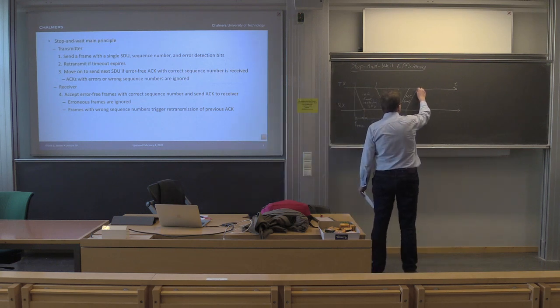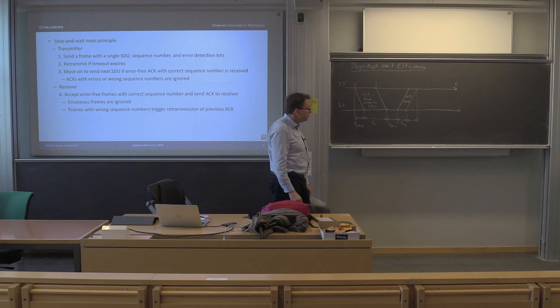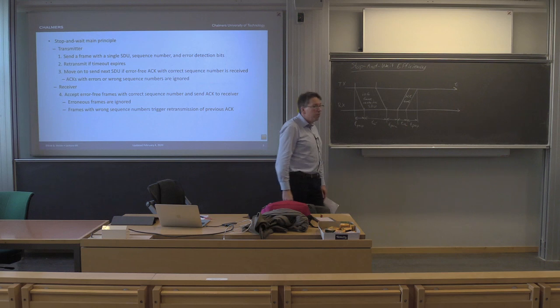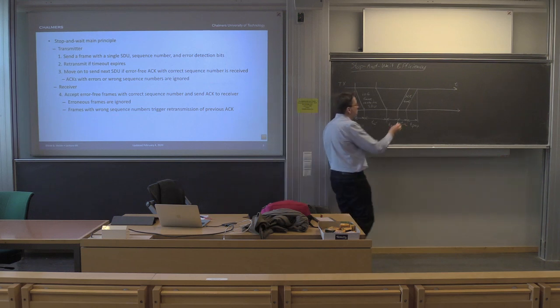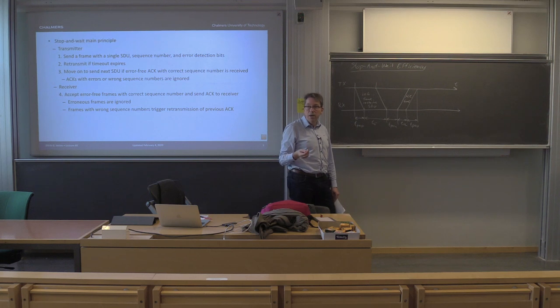Then the transmission of the acknowledgement will go over the channel, and will experience some propagation delay. So there is a propagation delay here, to denote the time where the last bit of the acknowledgement frame has arrived.